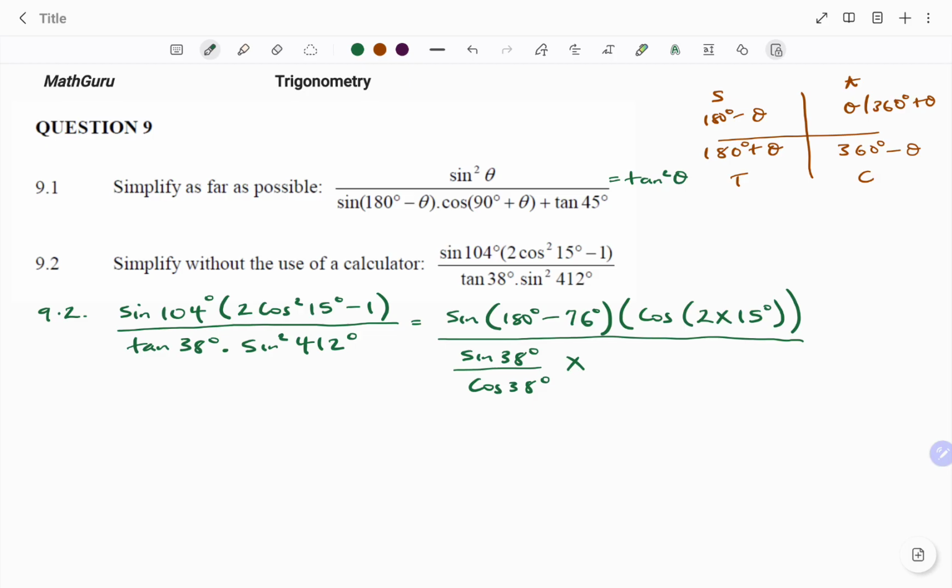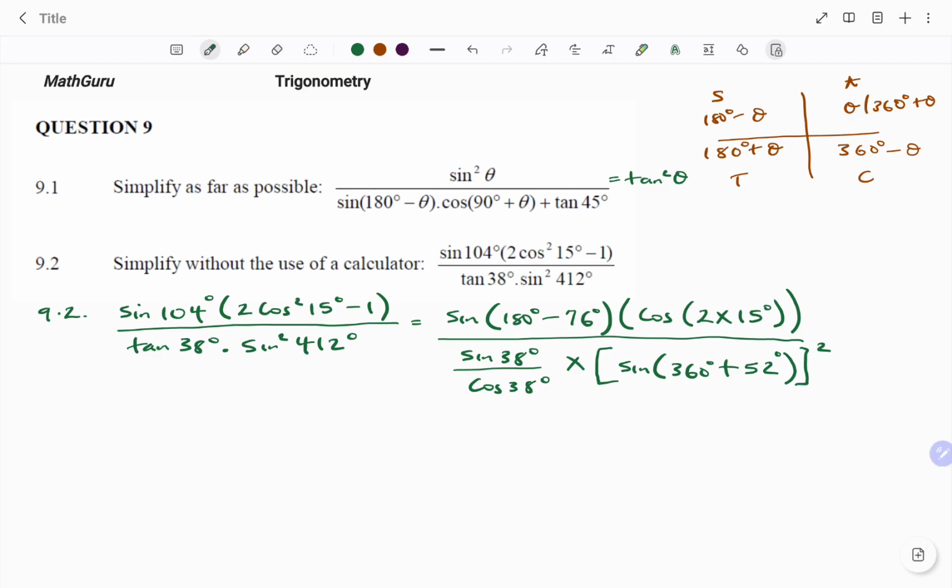So I'm going to reduce my 412 by taking out 360. So that's going to be times, I'm going to put this in a big bracket. I have sine of 360 degrees plus, to make 412, that's 52 degrees, all squared. Don't forget to square that.